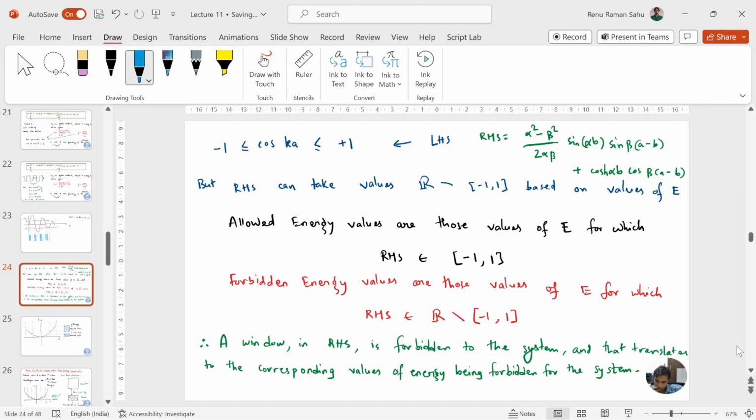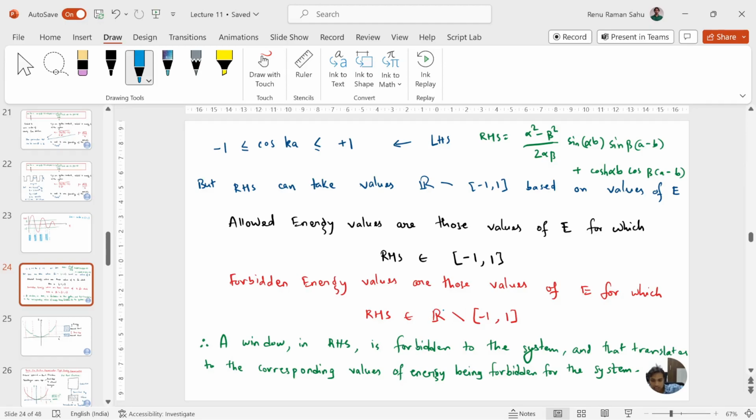What is this symbol, sir? Epsilon is actually, in set theory, called belongs to. This is a particular set of values, -1 to 1. RHS belongs to -1 to 1. Or you can write RHS belongs to R slash [-1, 1], where this slash means difference.